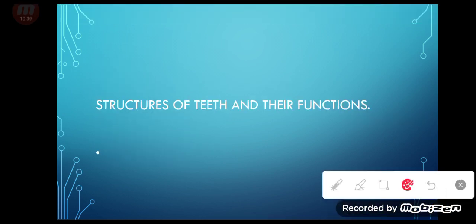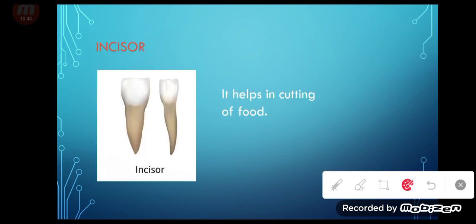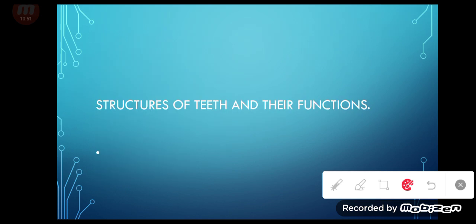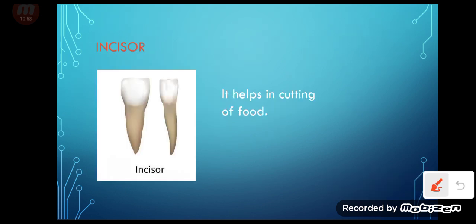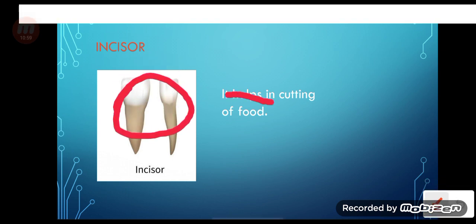Structure of teeth and their functions. I told you about four types of teeth: incisors, canines, premolars and molars. Now let us see their structure. These are incisors. They help in cutting of food.